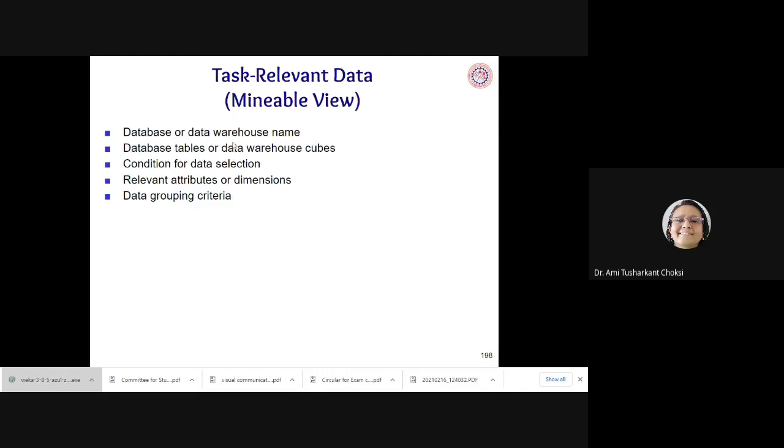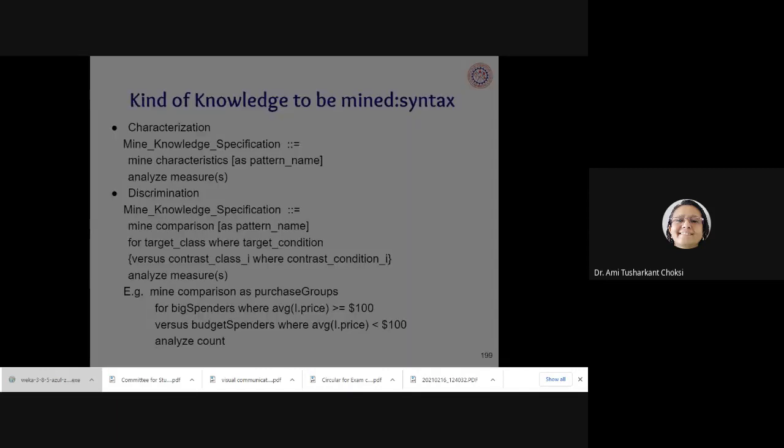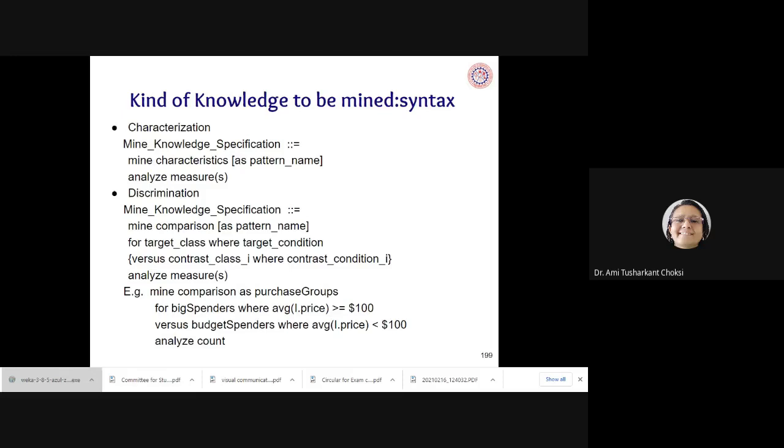Database or data warehouse name, database tables or data warehouse cubes, condition for data selection, relevant attributes or dimensions, and data grouping criteria. For the kind of knowledge to be mined, the queries are given. So we can have an idea of how DMQL is used. We have talked of DMQL as well as the primitives related to it. So that's what we are checking here.